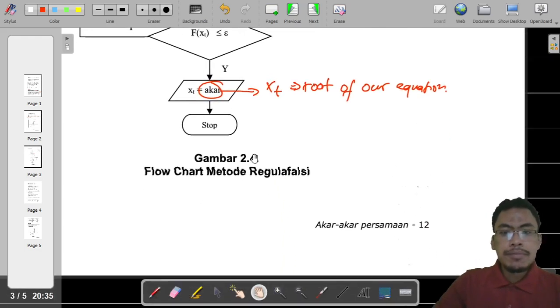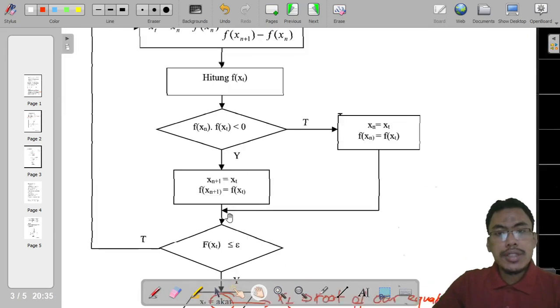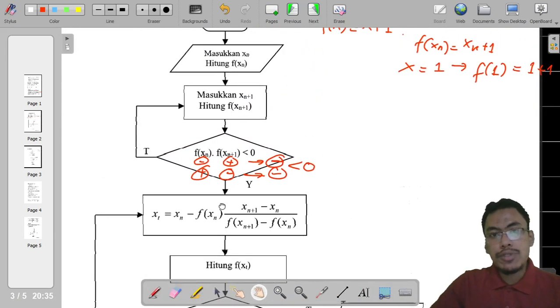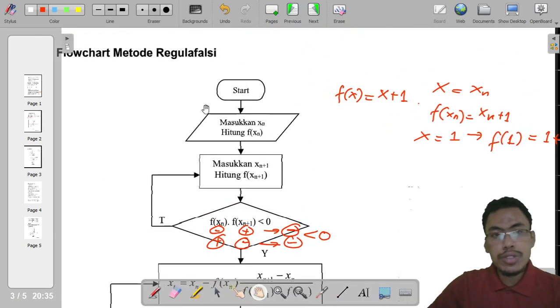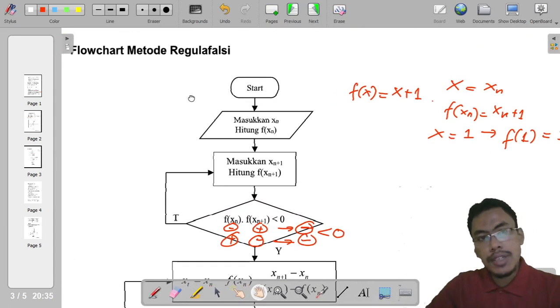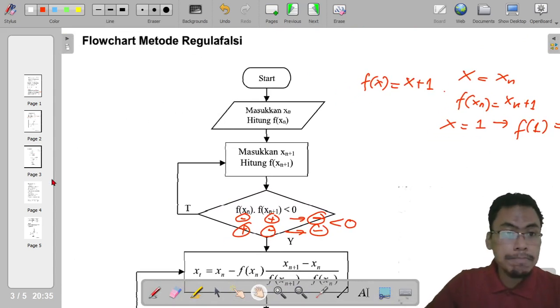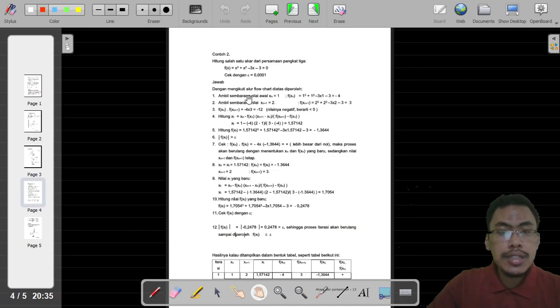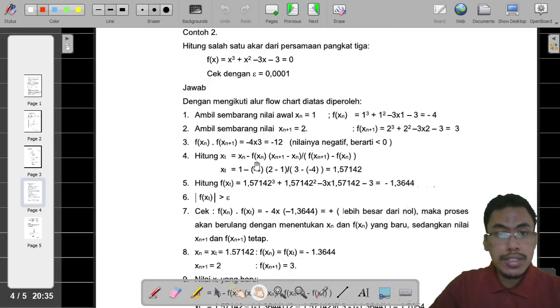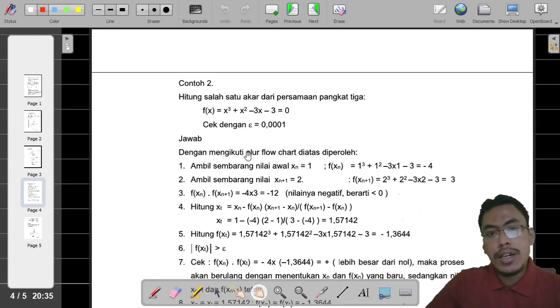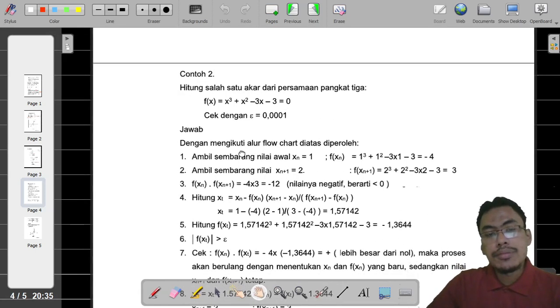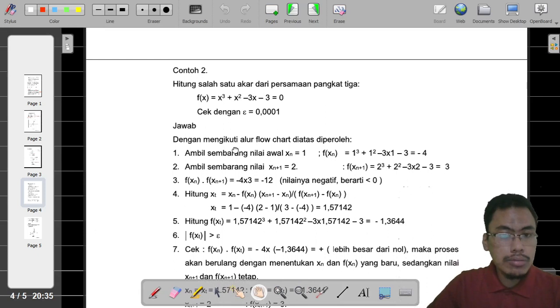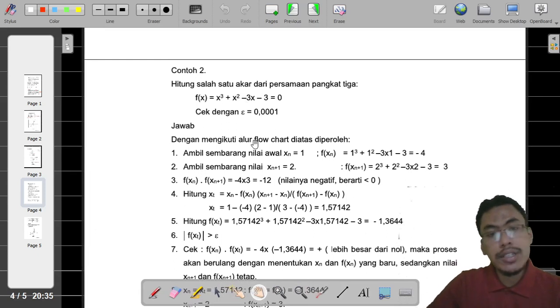So this is the flowchart that we have to understand first before we use regula falsi in our calculation. This is an example of using regula falsi to get the root of an equation, but I think we are going to do this not in this video.